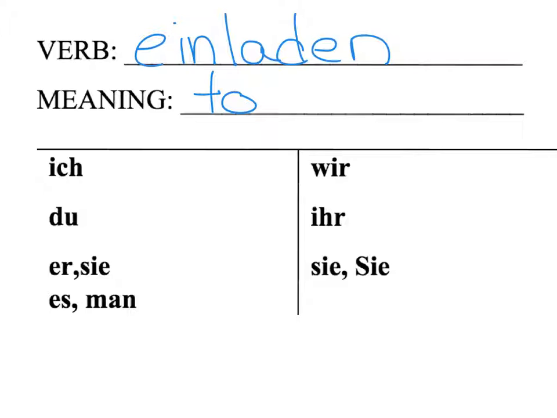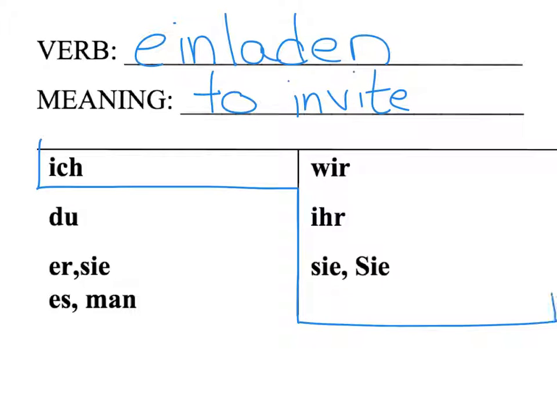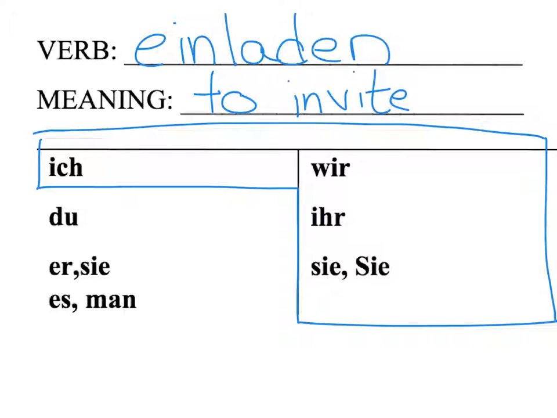Oh, ja. Sehr schön. Yeah, again, it was last chapter. Okay. So, this one is irregular. So we make our Oklahoma okay thing. That helps you remember. So, ich, what? Lade ein.